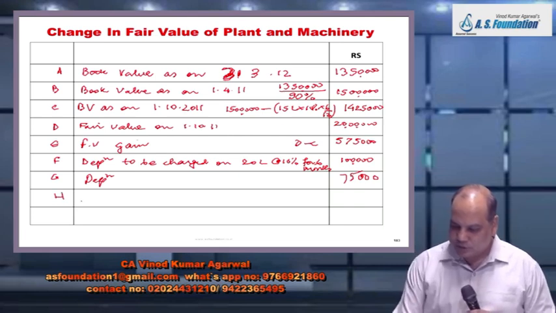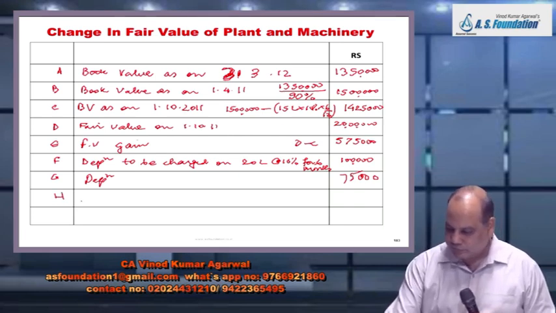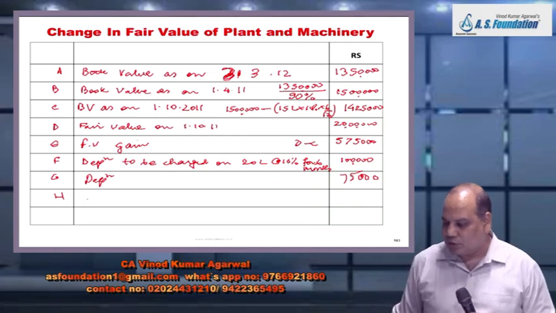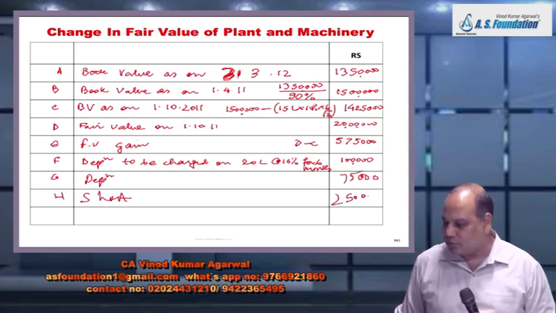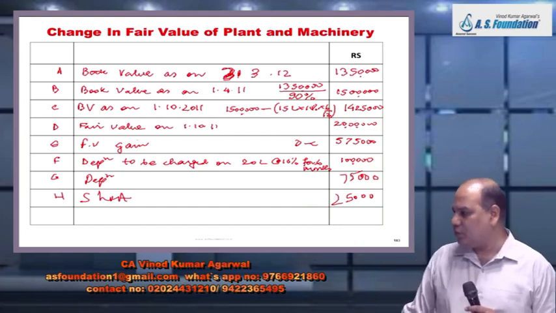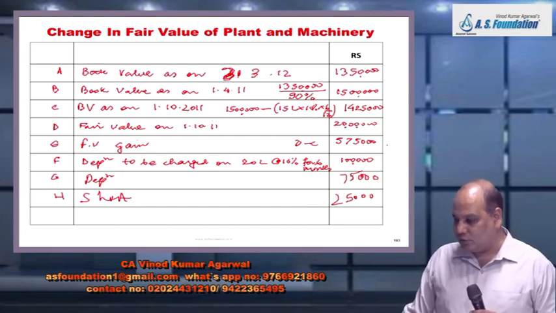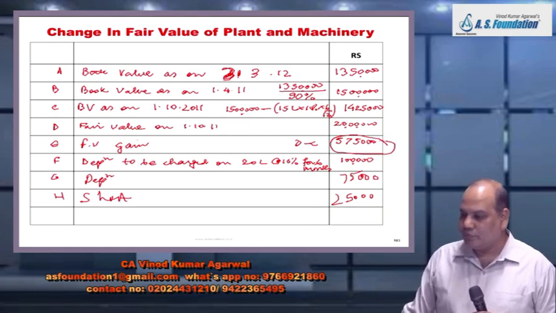Therefore, short depreciation. How much is short depreciation? 25,000. Short depreciation 25,000. So now we have to give these two effects.